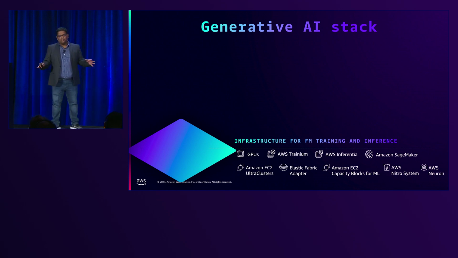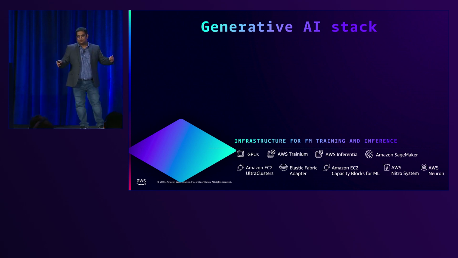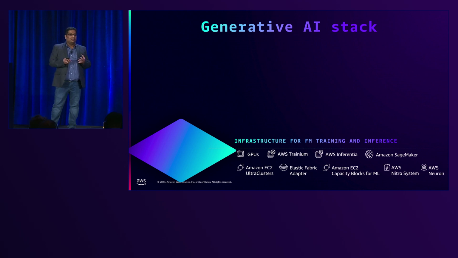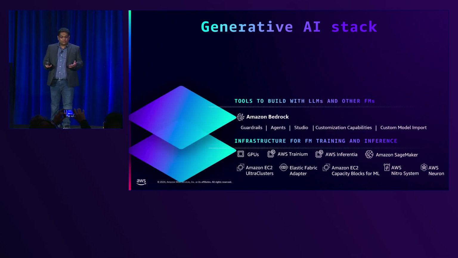On the bottom, you have the infrastructure for foundation model training and inferencing. You'll see a lot of GPUs, Trainium, Inferentia chips, Nitro system, AWS Neuron. All of these are the foundation of how we bring that infrastructure to run, train, and inference foundation models.